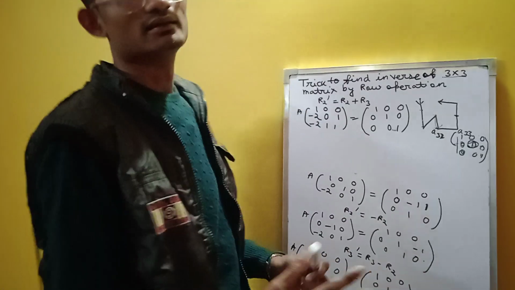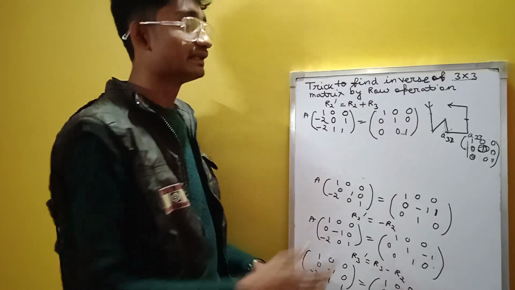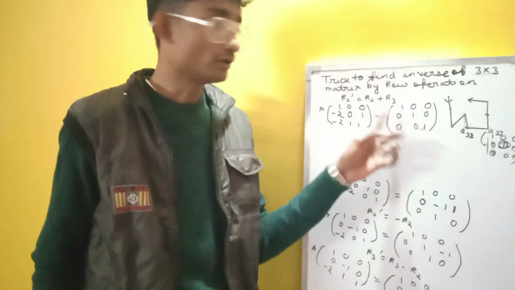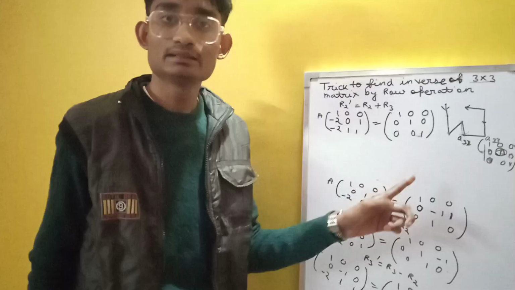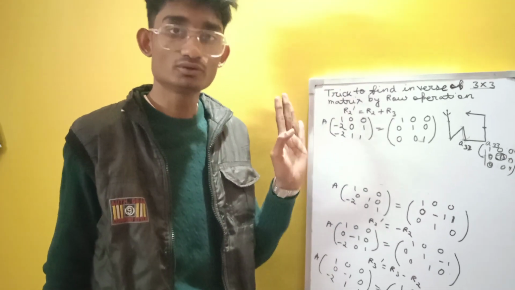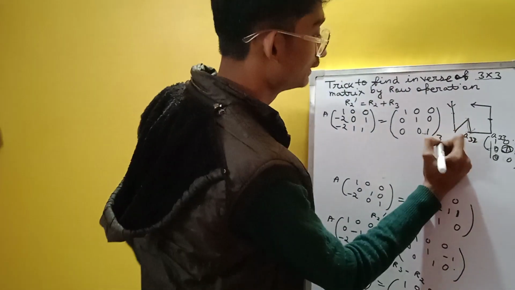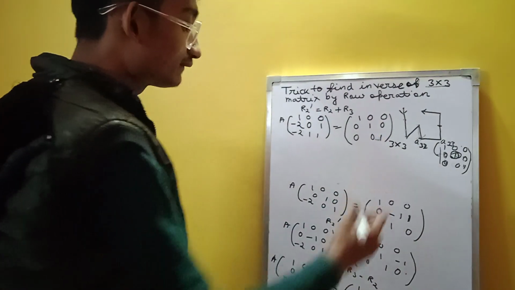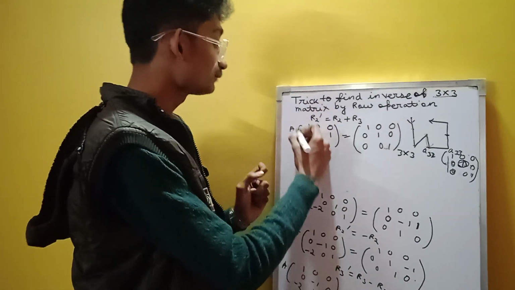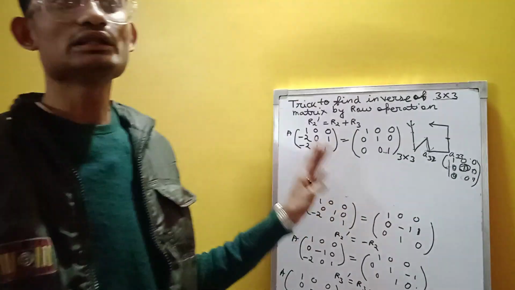Now we are done making this an identity matrix. An identity matrix is a square matrix where the principal diagonal elements are 1 and non-diagonal elements are 0. This is a 3 cross 3 matrix. So this has been transformed to the identity matrix, and the original matrix has transformed to a new matrix.